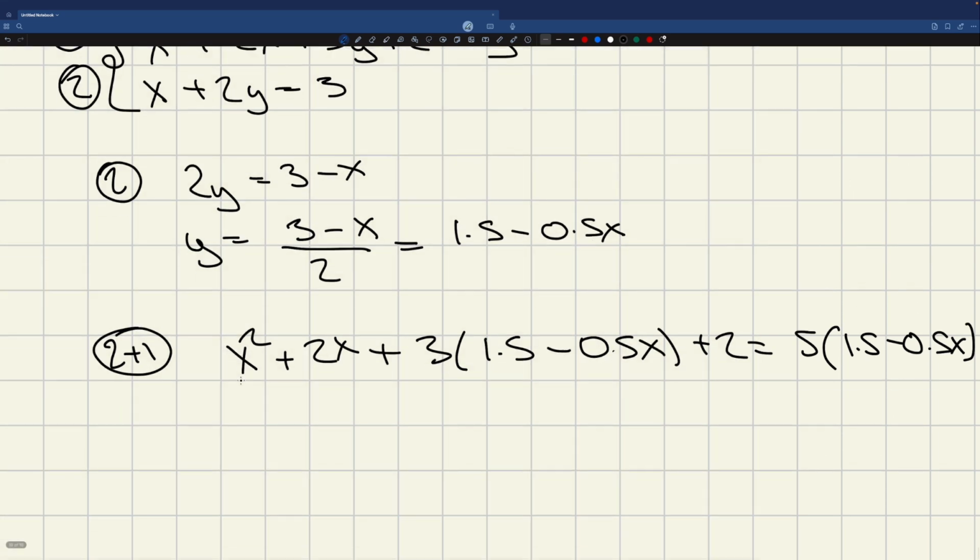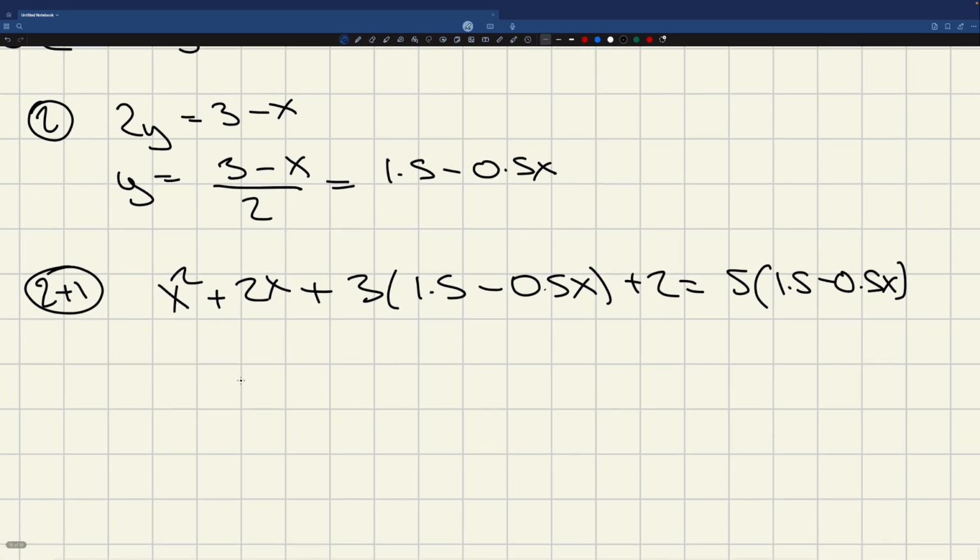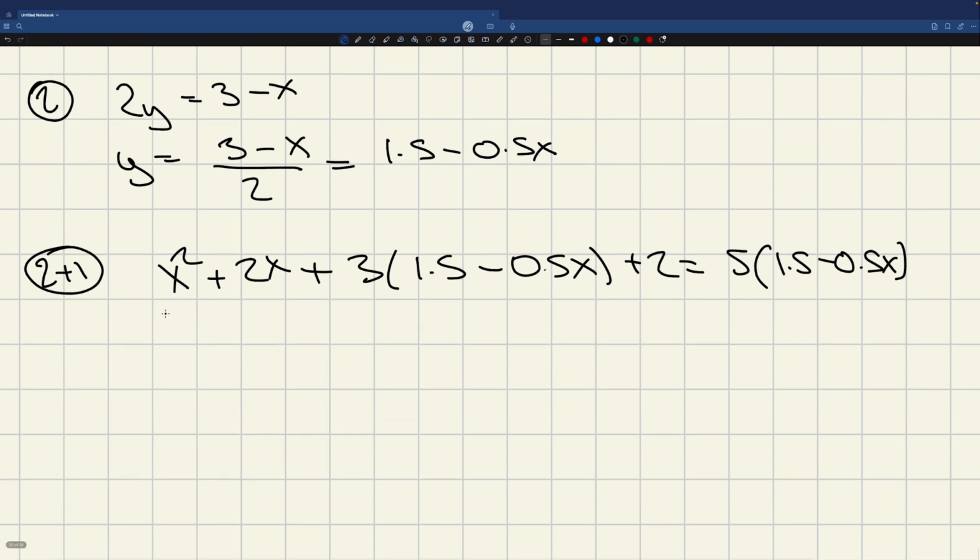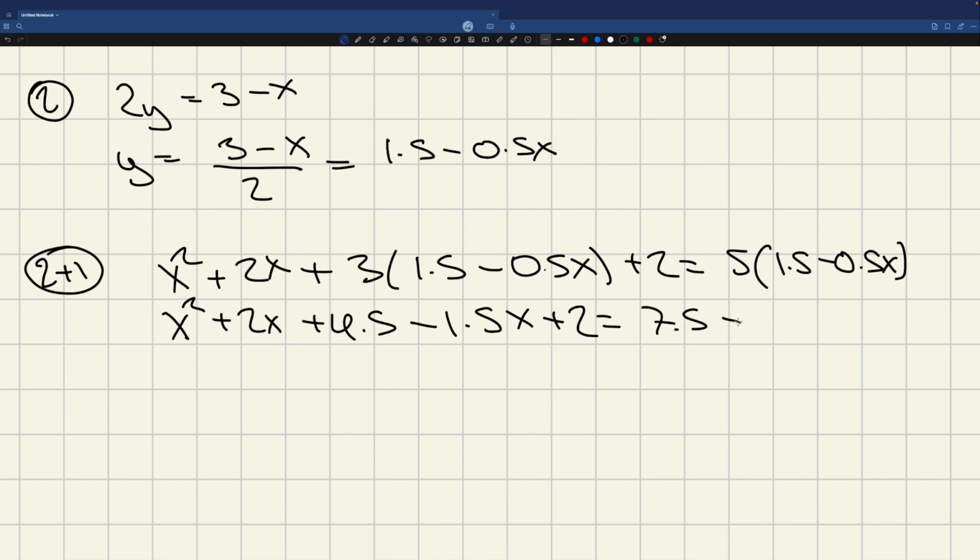So now this is very long, but we can simply make it shorter. So first of all, let's expand all of the brackets. x squared plus 2x plus 4.5 minus 1.5x plus 2 is equal to 7.5 minus 2.5x. Now, let's continue, and let's just carry stuff along.